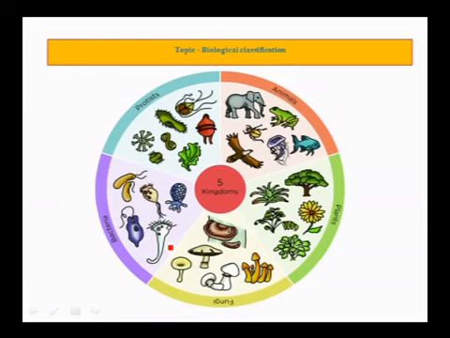The chapter starts with how all the living organisms were classified into 2 kingdoms, then 3, 4 and finally 5 kingdom classification.